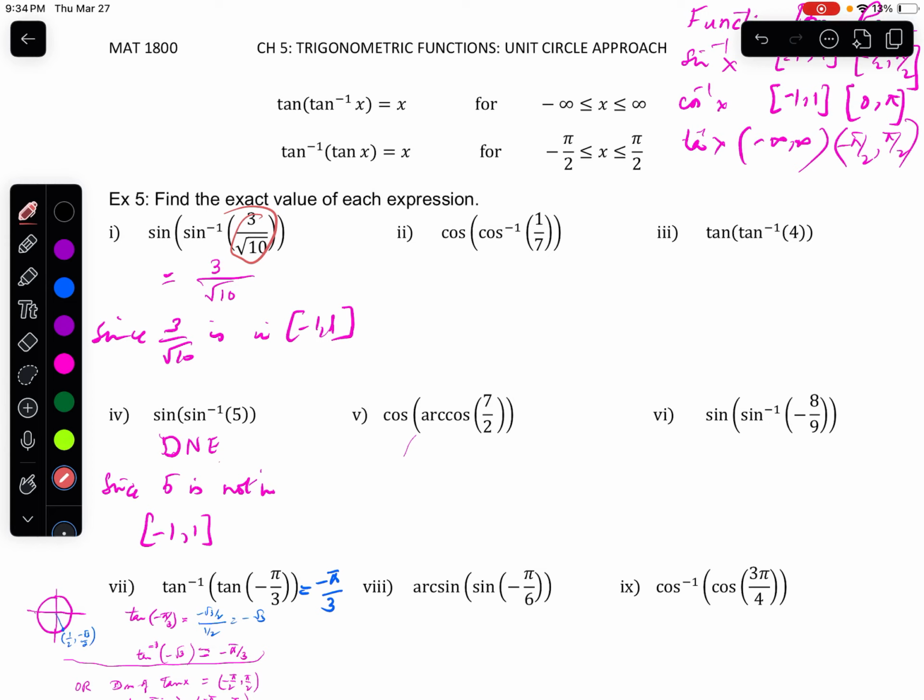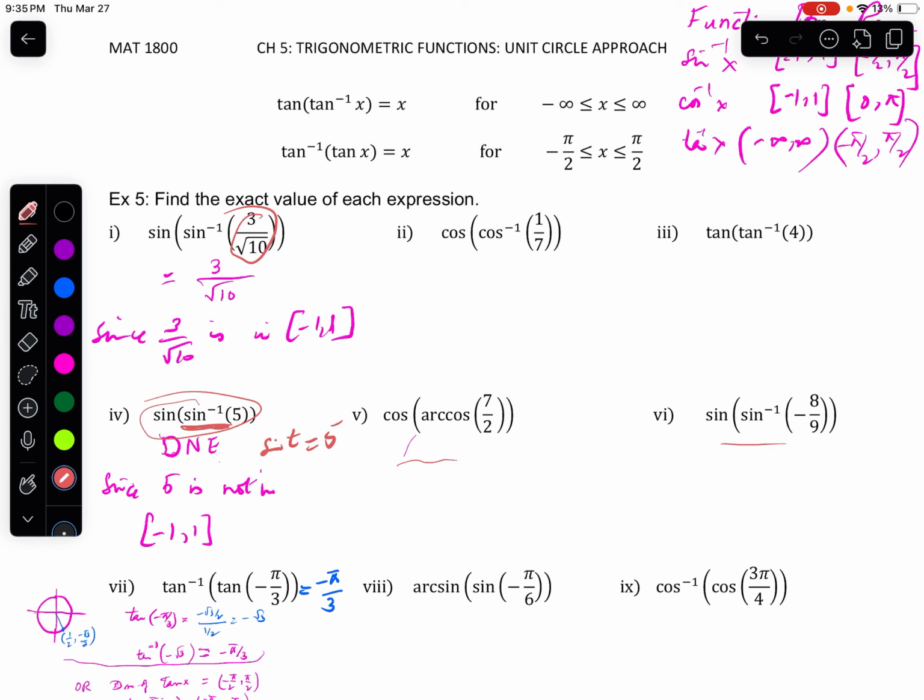Because the first equation that we would be solving is, is there a number t such that sine of t is 5? That does not exist, which means we cannot evaluate this quantity, so it does not exist. Similarly, now you should be able to look at this question.